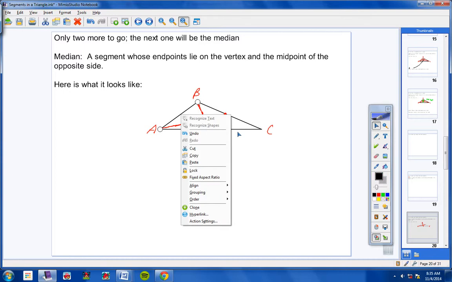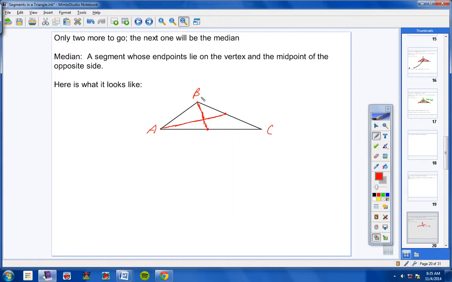Then lastly, we'll go to the midpoint over here. And we're going to draw a line from the midpoint right here over to this vertex. Now, technically, once again, like the other two segments, they should intersect in one point. If they're not, kind of make it so they do, okay? So there's your three medians, students.